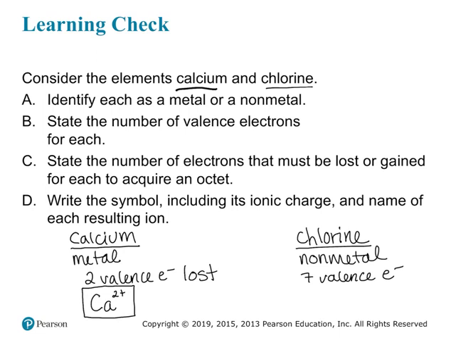Okay, so does chlorine lose or gain electrons? So remember, nonmetals gain electrons. So chlorine's going to gain how many electrons? 1. So chlorine just has to gain 1 more electron to have 8 valence electrons.